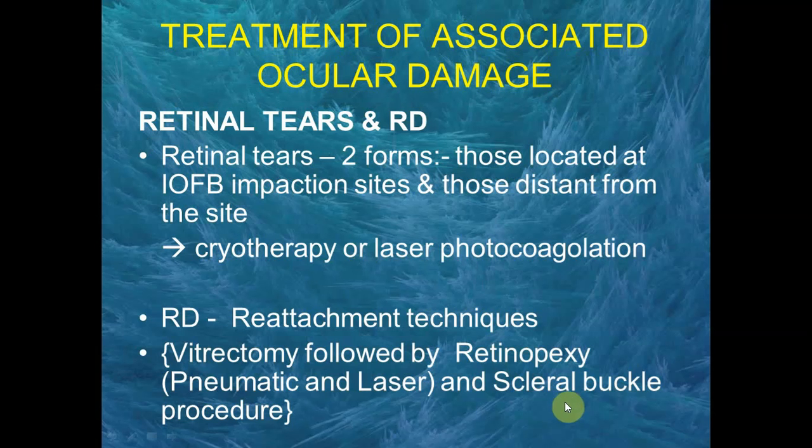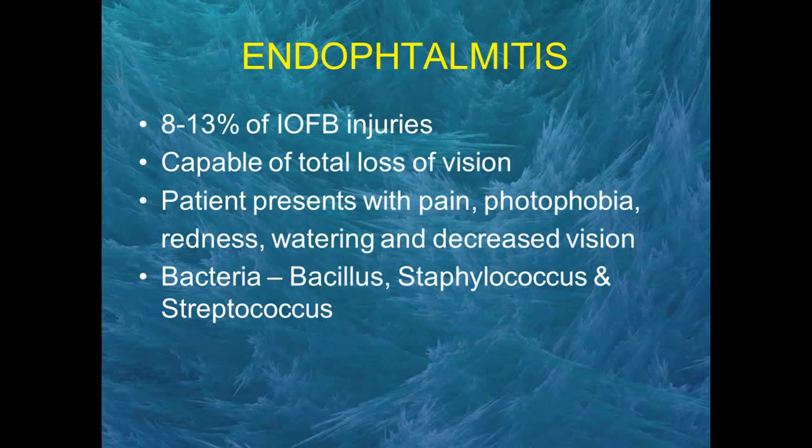Scleral buckle procedure is a reattachment technique where we take a silicone band and attach it outside the eye along the sclera. So we are supporting the detached retina from outside here, whereas in retinopexy, from inside we are either injecting air or doing laser. So these are how we manage a detached retina and retinal tears.